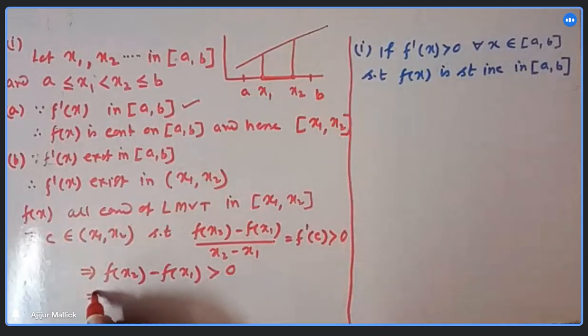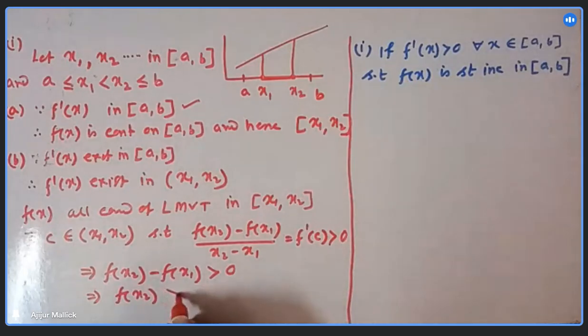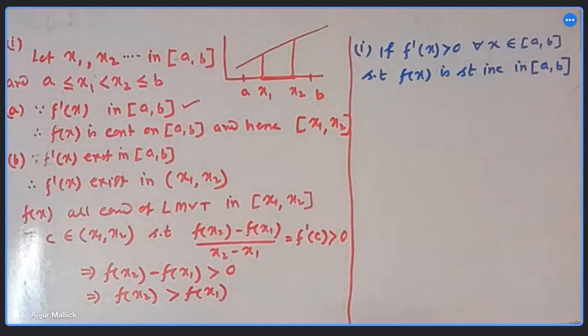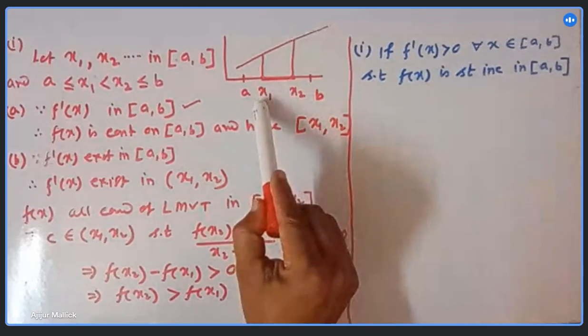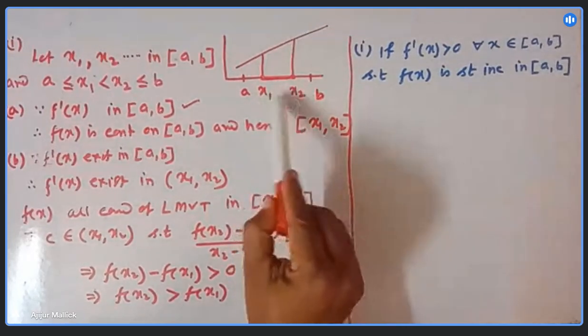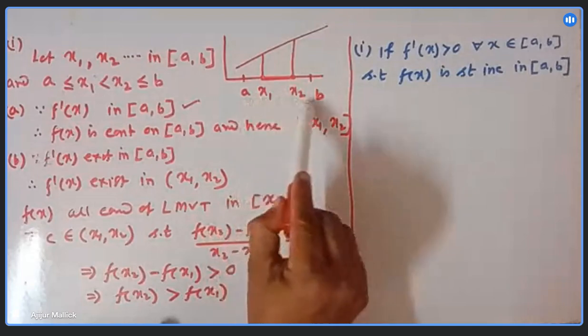This implies f(x2) is greater than f(x1), and here x1 and x2 are arbitrary.